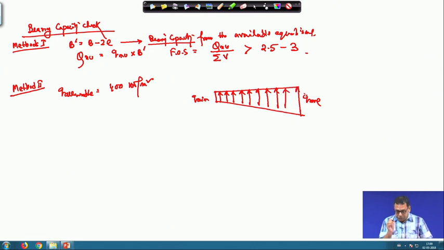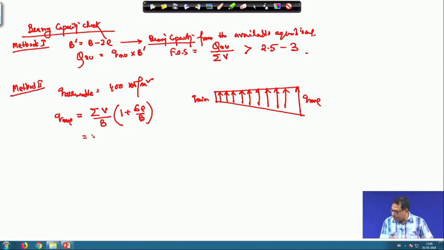So, this will be your soil pressure distribution. I can calculate that Q max is equal to the summation of all vertical forces divided by B, times 1 plus 6E divided by B, and if I put minus here, that will give you Q min. As I am checking the bearing capacity, I am taking the maximum stress that is coming on the soil.